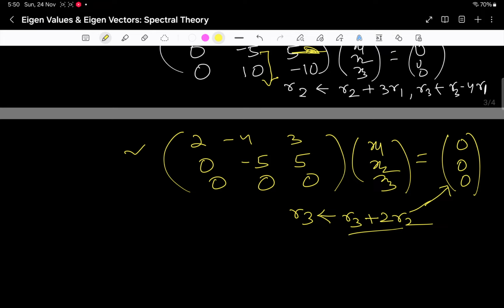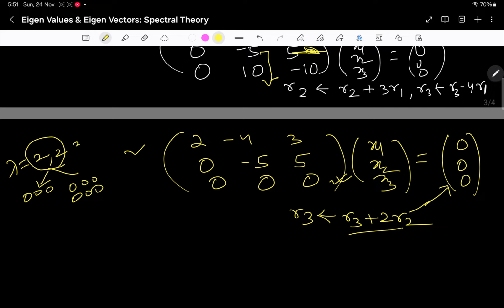You must note that if the eigenvalue is distinct, occurring only once, then we must have one independent row. So this simplification will always give you a 0 row. Suppose lambda is 2 and it is repeated twice, then the chances are we may get a 0 row, or we may get twice 0 rows.